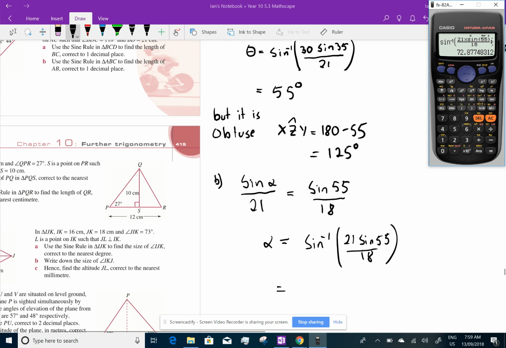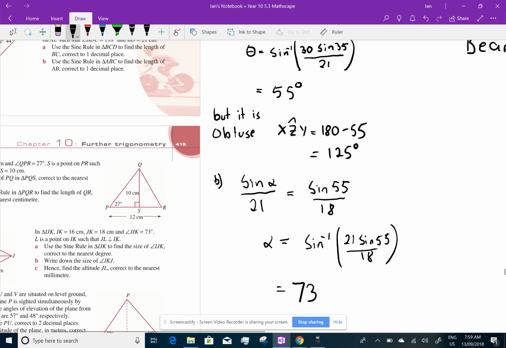And I get 72.8 degrees. It wants it to the nearest degree. So 73 degrees, which is correct.